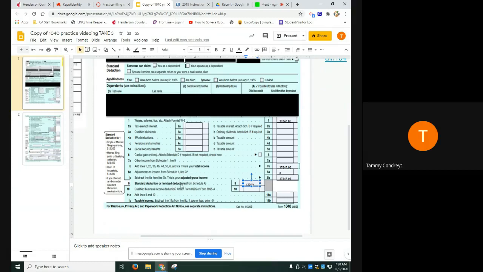Then other deductions, like I do itemized deductions because there's a lot of things like the interest I pay on my house and money given to charity, tax credits for children, all kinds of stuff I can look at for itemized deductions. And so I do that one because it turns out to be higher than $12,200. But if your itemized deductions are less than that, you can just take the standard.